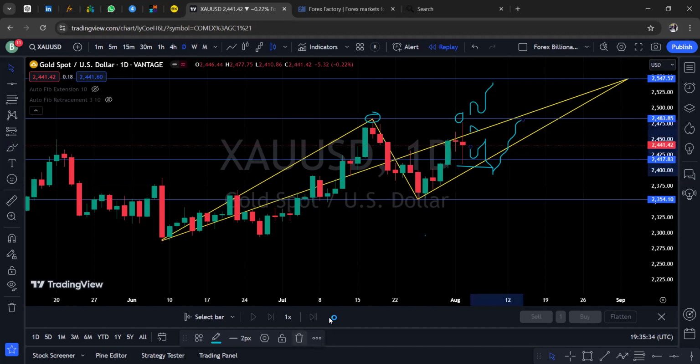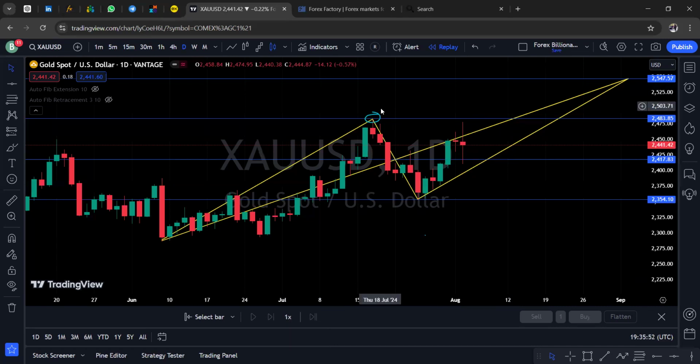So everyone that took a buy now, let's say you left your trade all through last week. Maybe you have a pending order. Like I have a trade, I still have a trade running from 2404. And I feel that price is going to get back there.